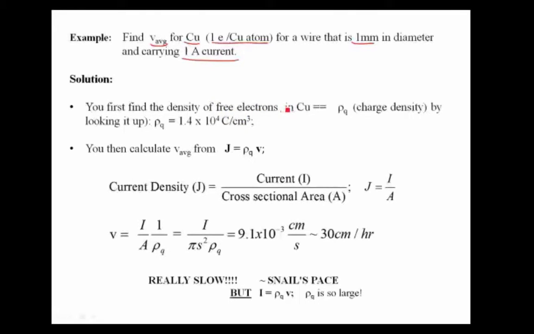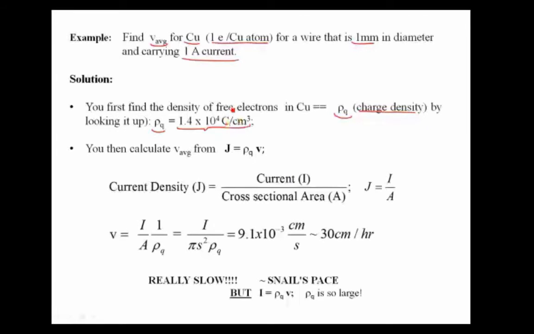And so that's going to be equal to rho sub q, where here now we're talking about charge density. So this is charge per unit volume. To do that, we basically take the number density of copper atoms, because that's going to give us 1 electron per copper atom here, and we change that to a charge density by using the charge on the electron. And so what we end up with is 1.4 times 10 to the 4th coulombs per cubic centimeter.